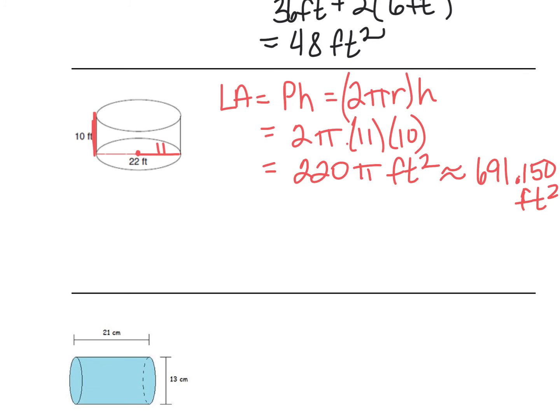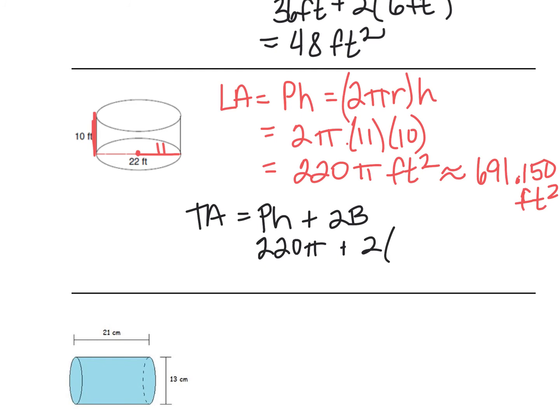Then we're going to do our total area. The total area is our lateral area plus 2 times our base area. So we have our lateral area, which is 220 pi, plus 2 times our pi r squared. Okay, so we'll substitute our radius, the r, for 11.